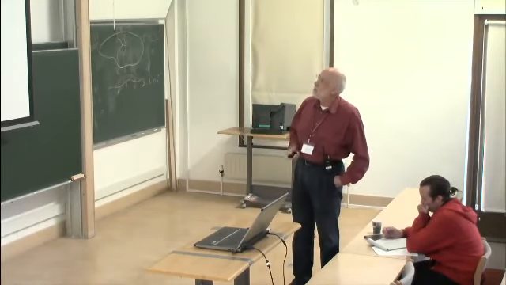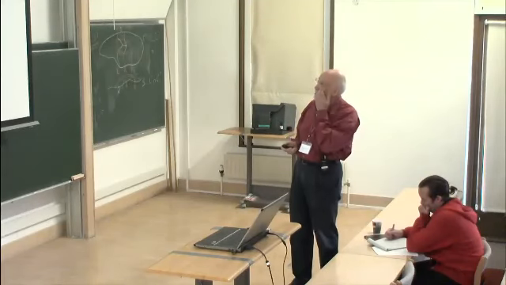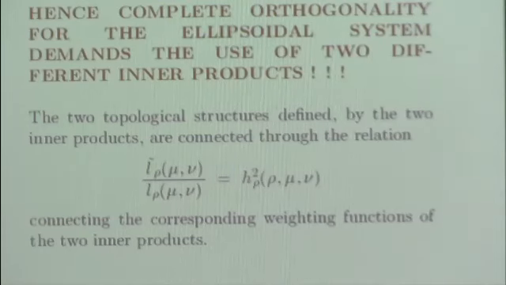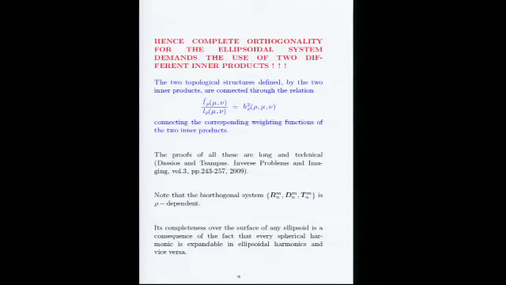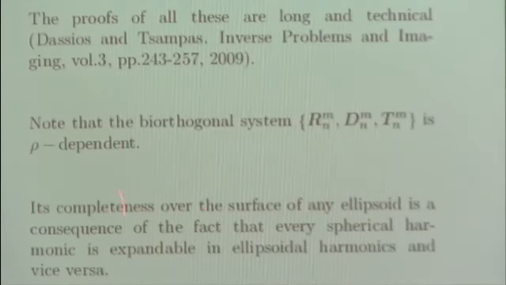Now, okay, so that's the result, that complete orthogonality needs 2 different inner products. And in fact, the two weighting functions are connected through this. The ratio of the 2 weighting functions is the square of the metric coefficient that corresponds to the radial component here. Okay, here are the proofs of all this that I said before.